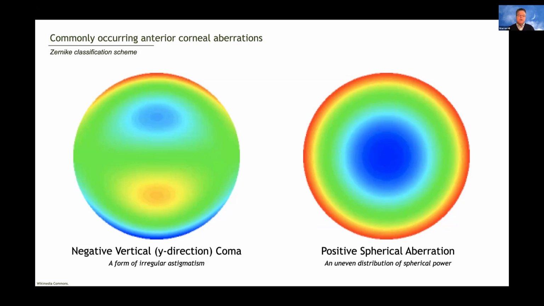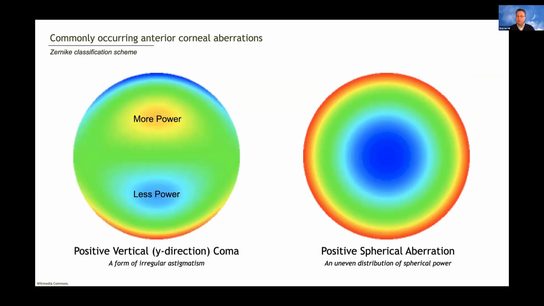So for y-direction coma, a negative vertical coma just means that the steepest part of the cornea is inferior, the flattest is superior or above the corneal vertex. So that's vertical coma, less power, more power, and positive vertical coma is just more power above, less power below.